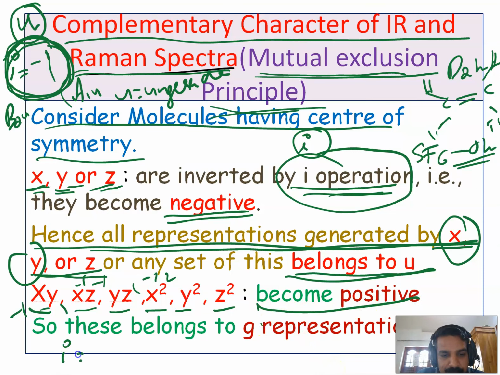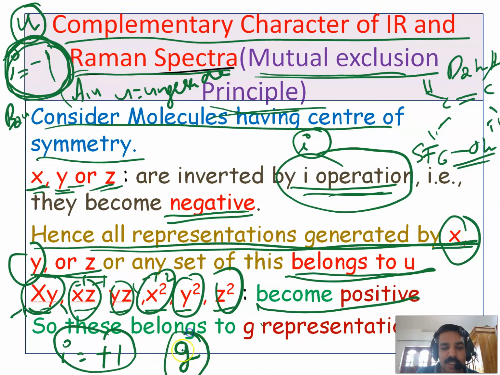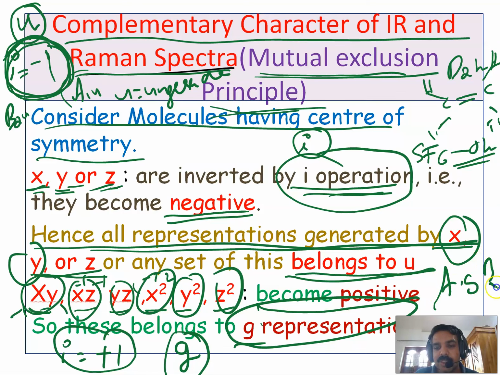The character of I is +1 for the symmetries whose bases are the combinations of x, y, z, so they are g representations, that is A1g, B2g, like that.